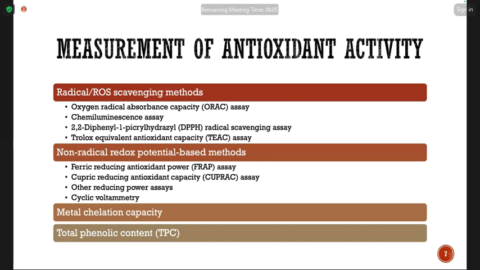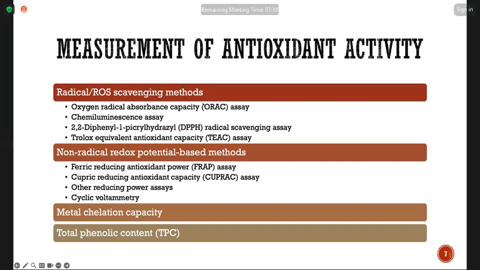Okay, understand? If you focus on the non-radical redox, for example, you use FRAP. So is it applicable? Can we use it? If there is no chemical, we use DPPH. If there is a chemical, we use FRAP. So which one, what type of antioxidant, what mechanism of the antioxidant do you want to focus on?